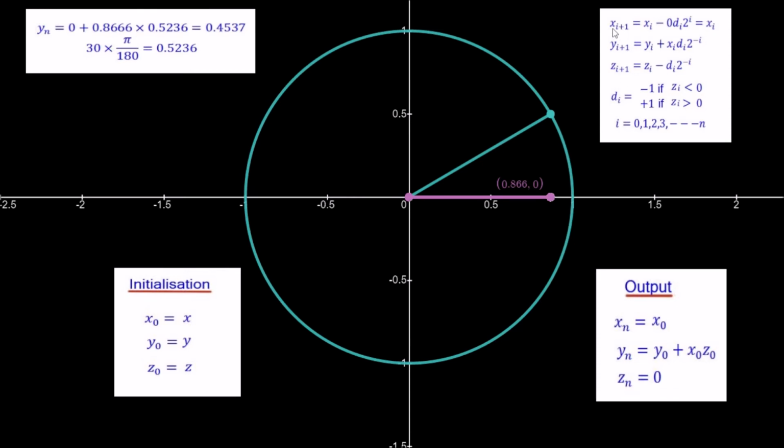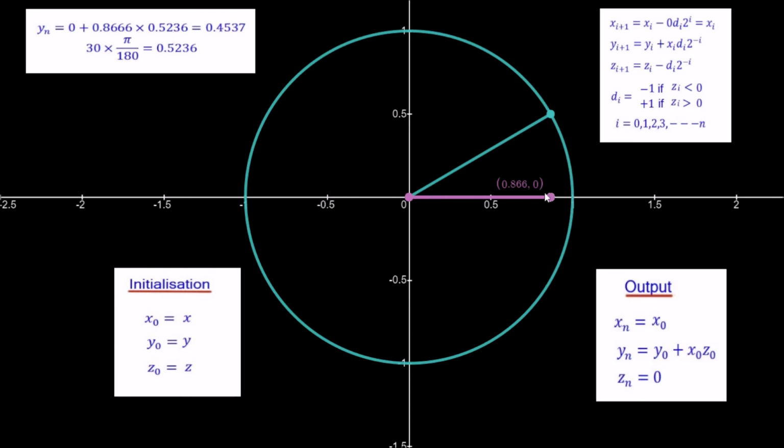Now, in order to work out the next position, our first position here is 0.866, 0. So in order to work out this next position, we're going to use the algorithm. So the value x1 is going to be x0 minus, and this whole term here is just 0. So our value for x0 is just the value 0.866. So x1 is again 0.866, it always remains the same.